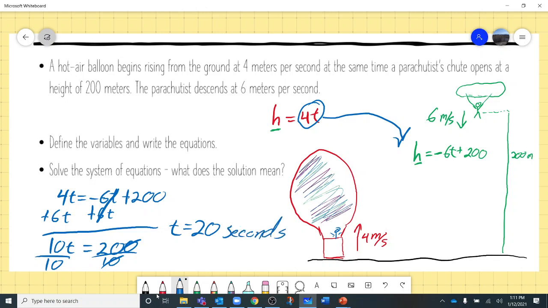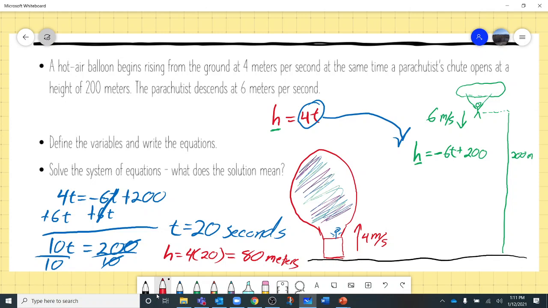Okay, after 20 seconds, what does h equal? Well, if we plug that in for our red equation, h equals 4 times 20, which is 80, and that's in meters. And what does that mean?